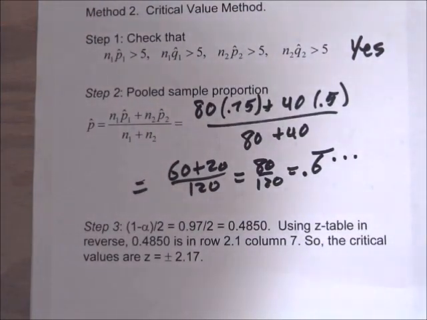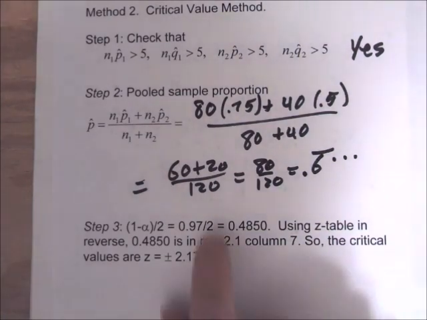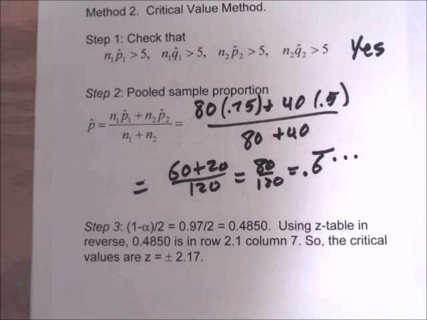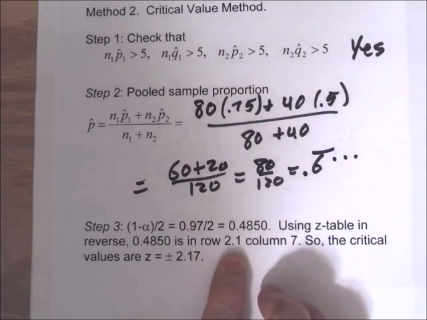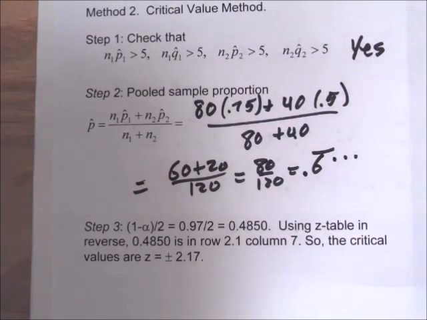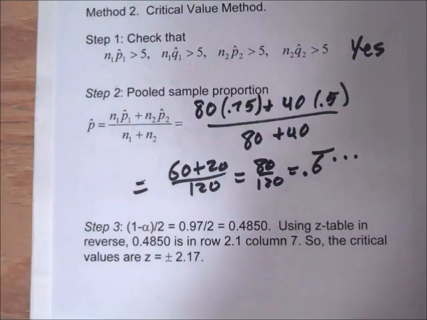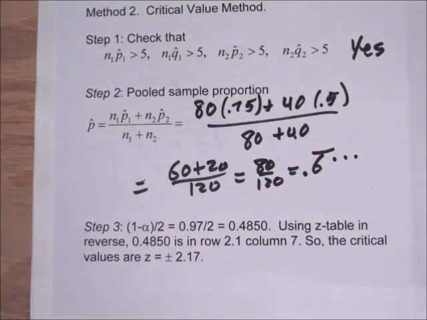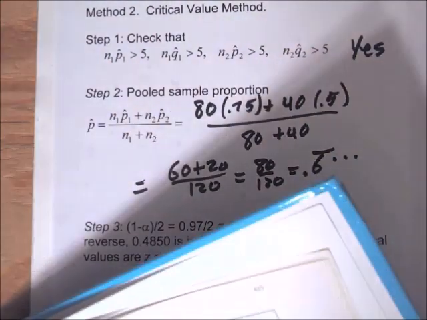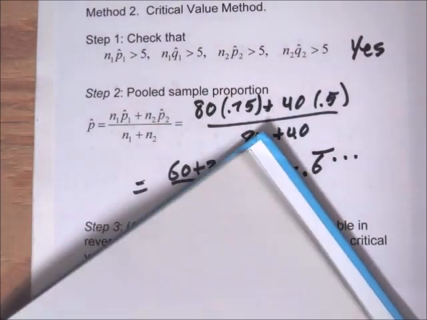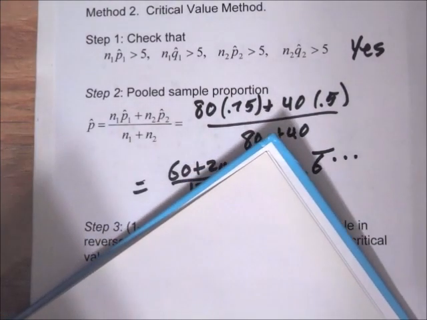Okay, and then our confidence level is 97%, divided by 2, 0.4850. We'll want to look for that in the body of the Z table. It's in row 2.1, column 7. So if we go to the Z table, we're using the table in reverse for much of this part of the course.